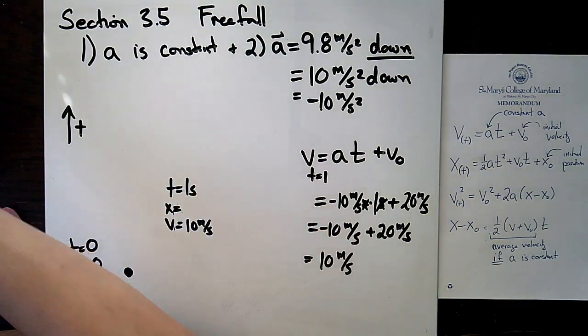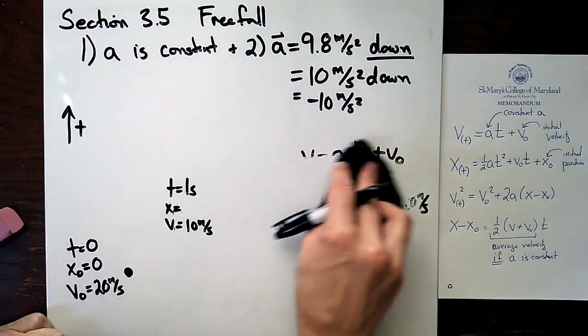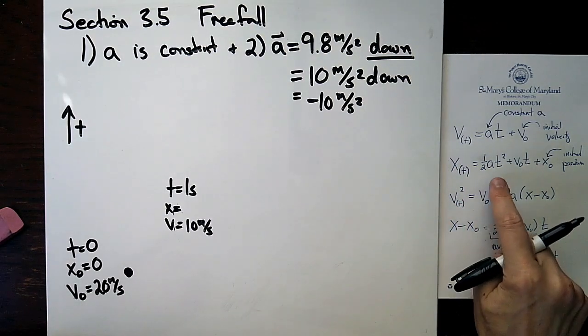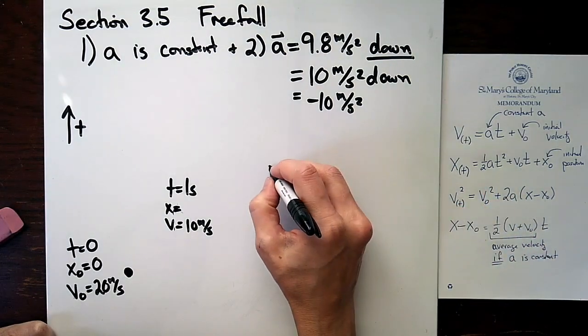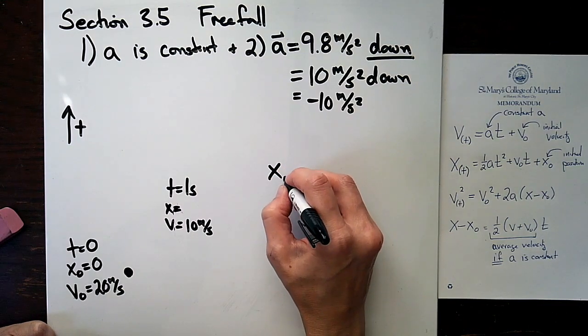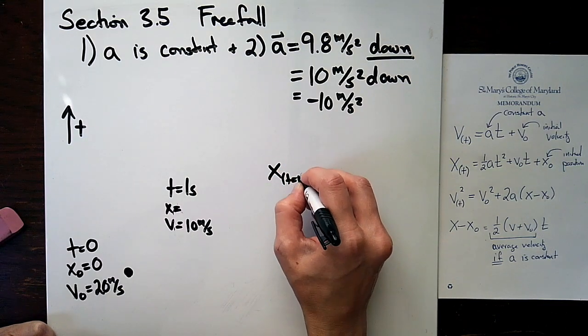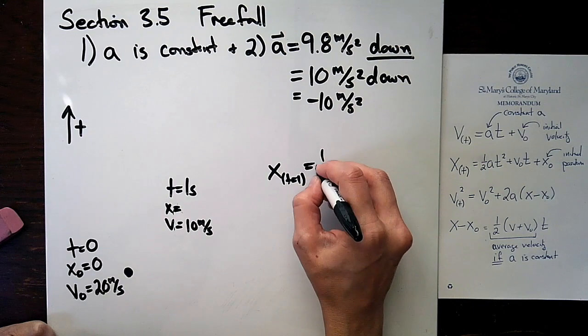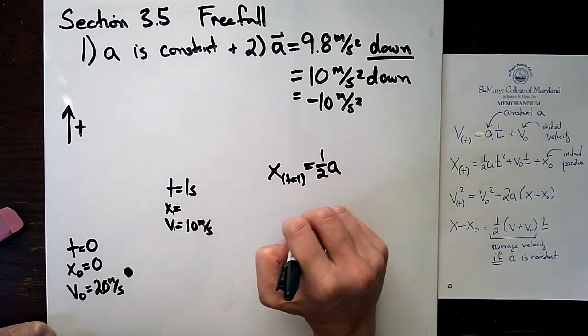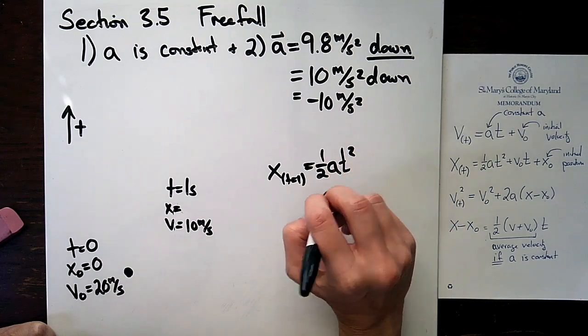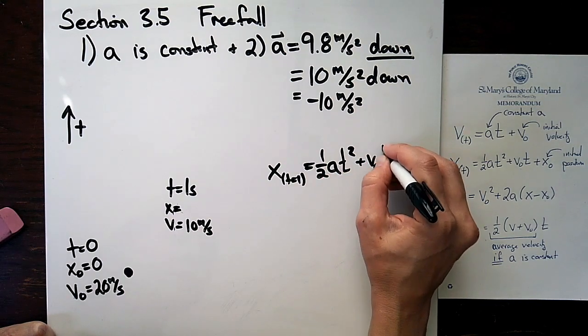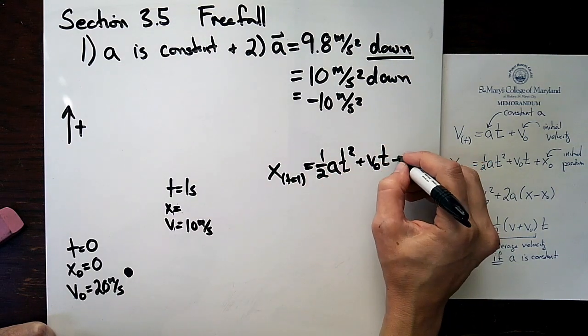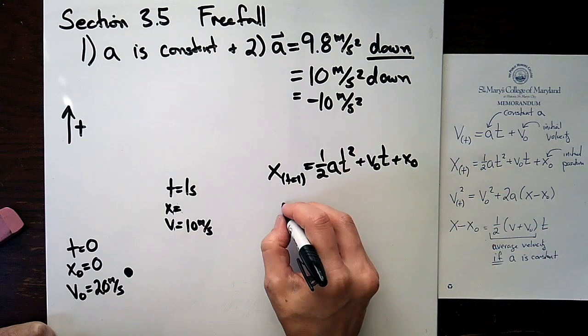Okay? How far has it traveled? Where is it? Well, for that, we're going to use this equation. Position at t equals 1 will be 1/2 times the acceleration multiplied by t squared, plus the initial velocity multiplied by t, plus the initial position.